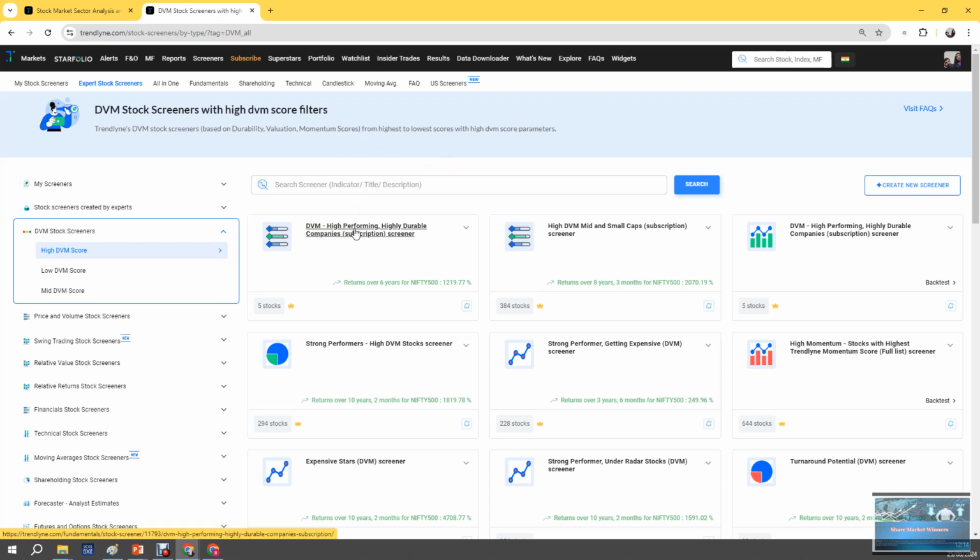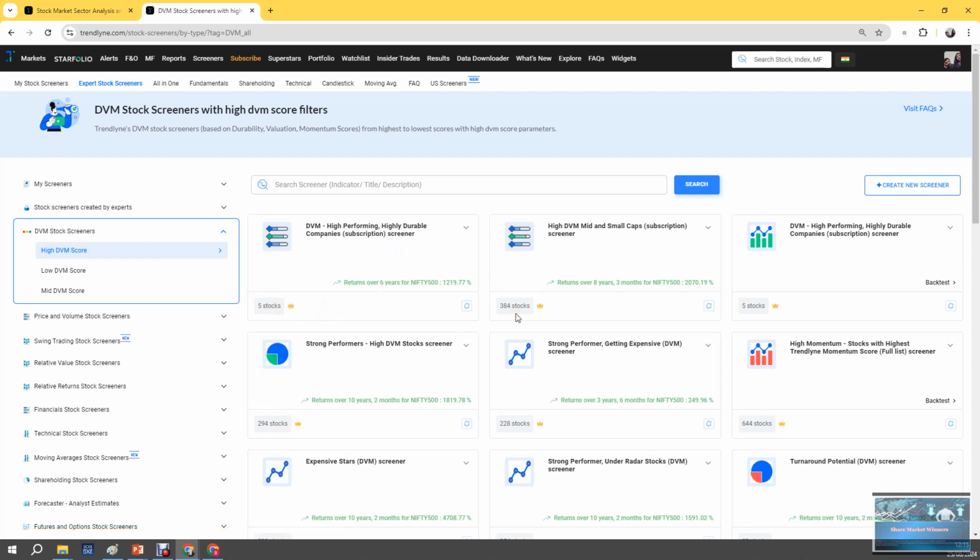These are specialists who have done the analysis and are giving the scores, so there is a high possibility that if you take those investments, you will get returns. For the stocks you can see here, there are predefined sets of criteria for which the reports are generated, and for high DVM there is a listing of 5 stocks which they have given.